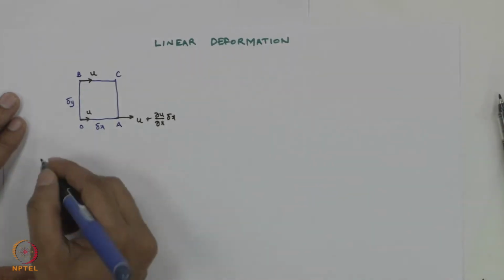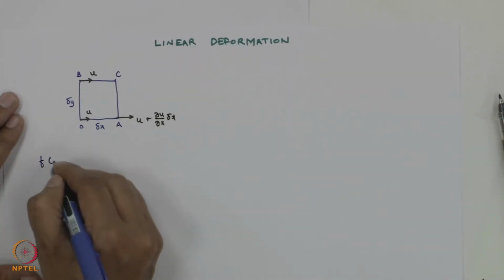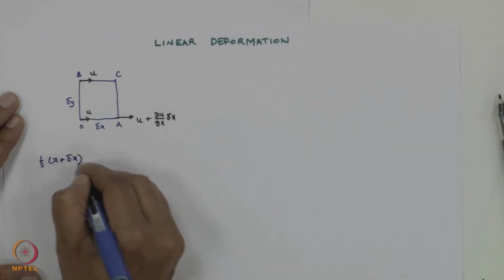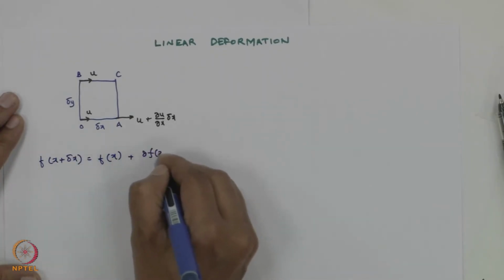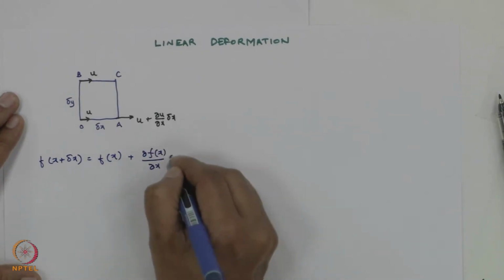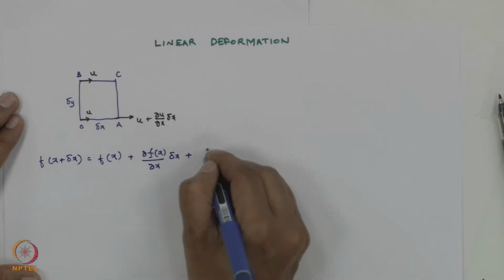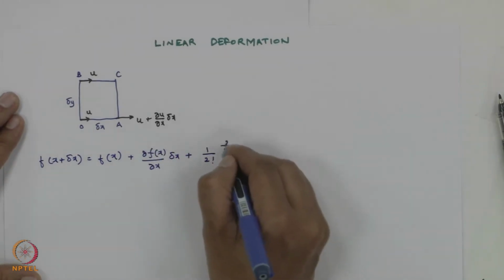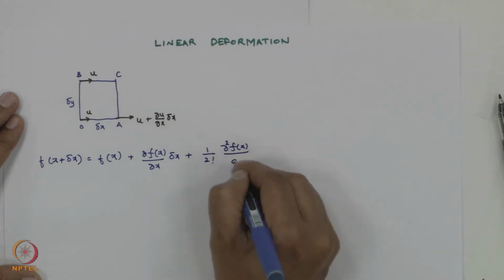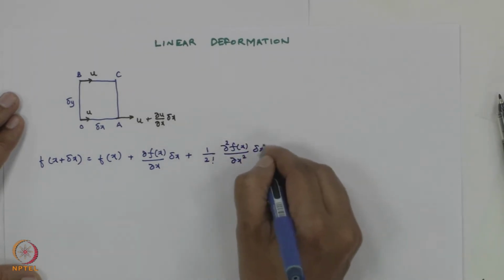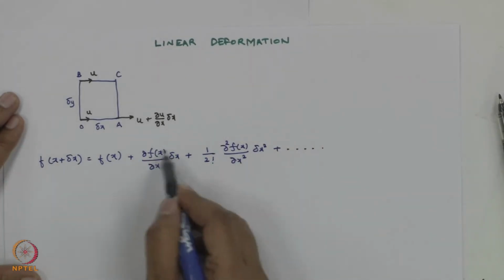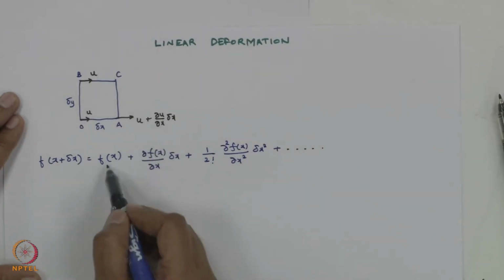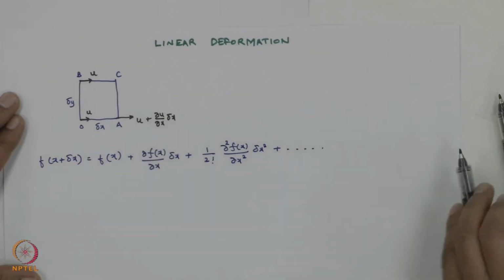I wrote it by Taylor's series expansion, that is f of x plus delta x equals f of x plus del f of x by del x delta x plus 1 by 2 factorial del squared f of x upon del x squared delta x squared plus higher order terms. I am neglecting these because delta x is very small. I have taken only u plus del u by del x delta x.